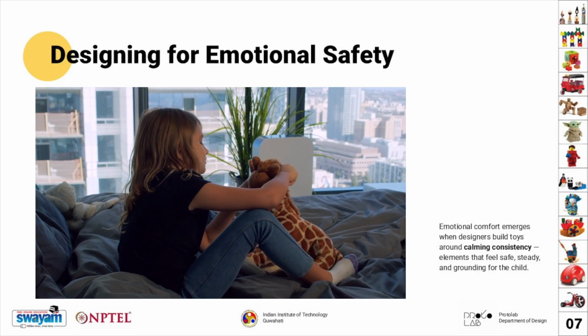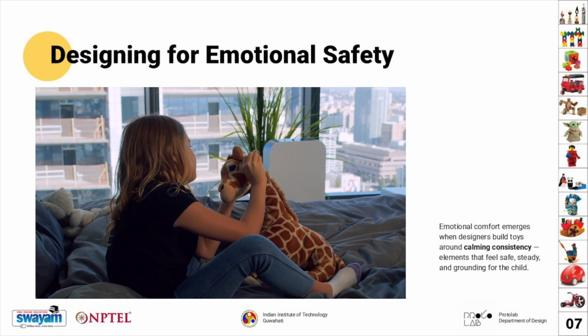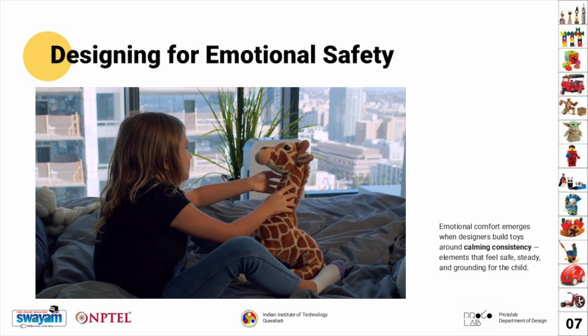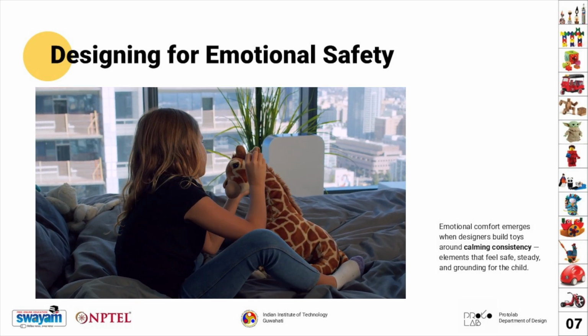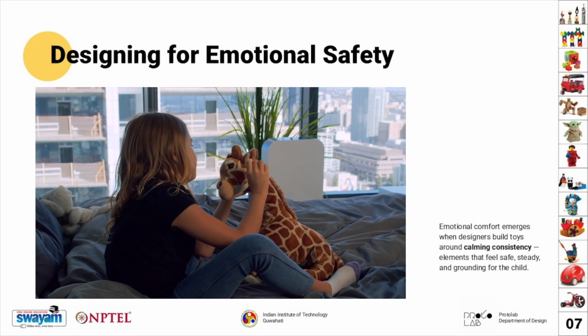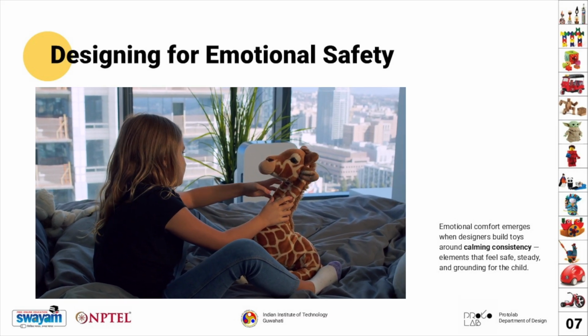Some strategies designers use to create such toys may include a soft texture that invites holding, a predictable action that calms the nervous system, a warm, friendly form that feels companion-like, a gentle weight that provides grounding, a rhythmic sensory element that slows the child's breathing, or simply the fact that the toy is always there, unchanged, dependable.